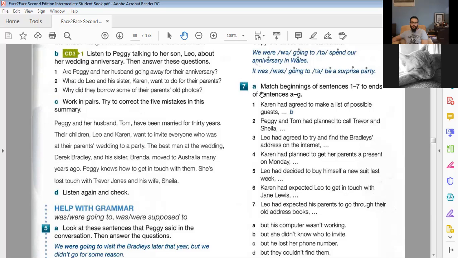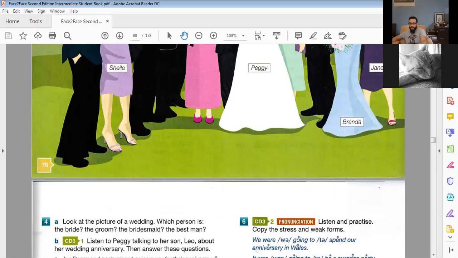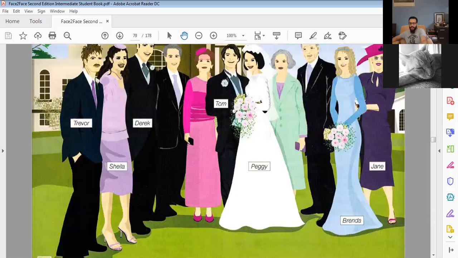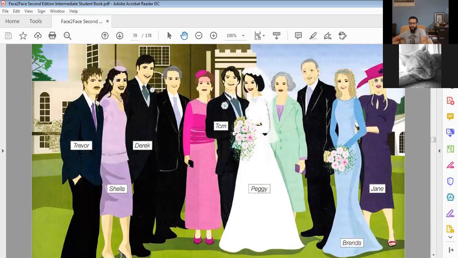What do Leo and his sister Karen want to do for their parents? Why do they borrow some of their parents' old photos? All right, so we're going to find out about all of this. Okay, let's keep it on the family photo and let's listen.